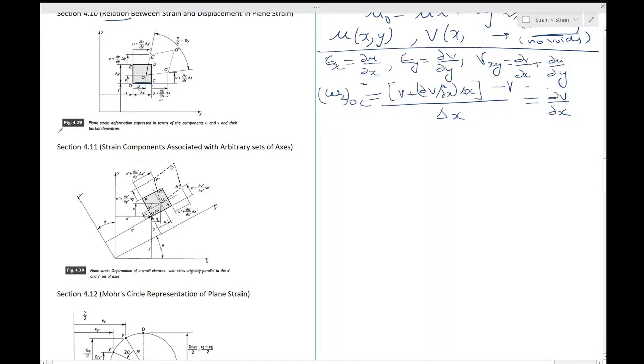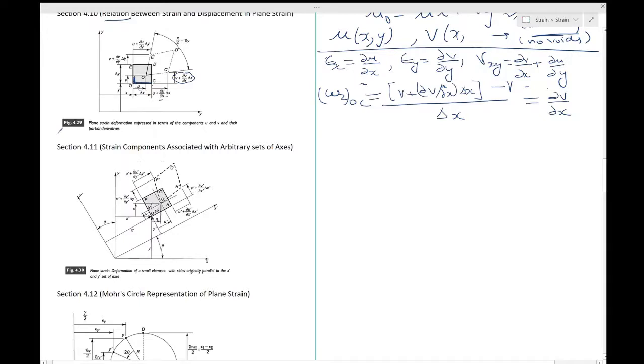Okay, this is the term which we are referring to over here. This is the so-called final length of this part, and v was the original length, for the segment OC, and that's how you have defined the rotation component.